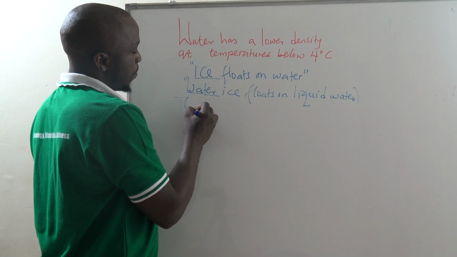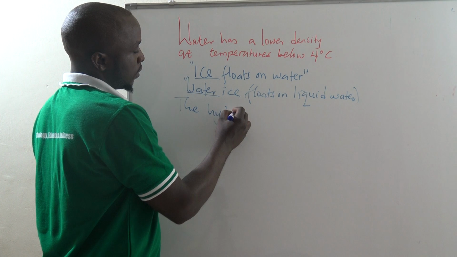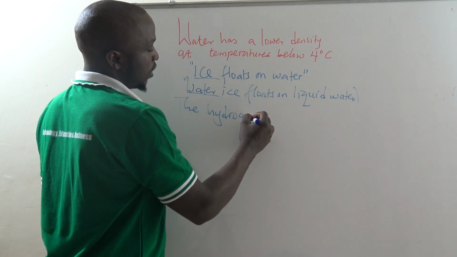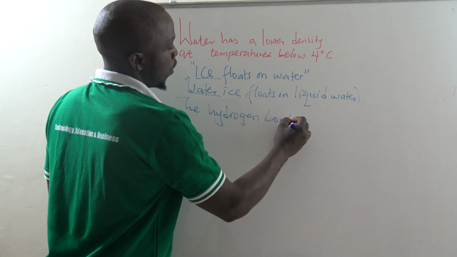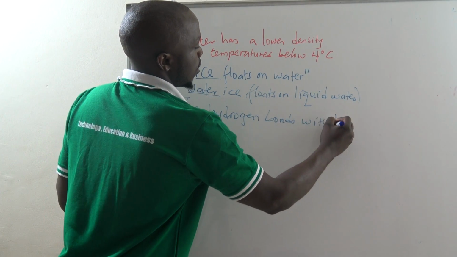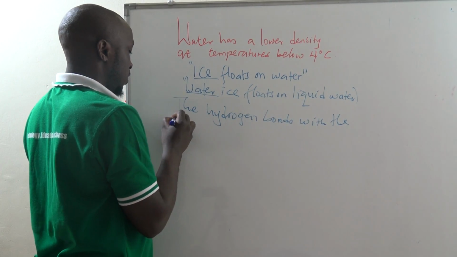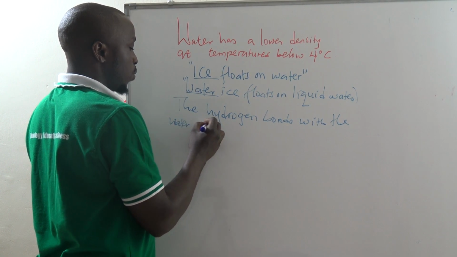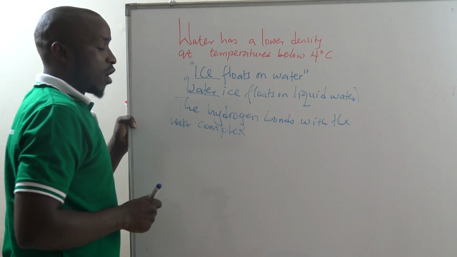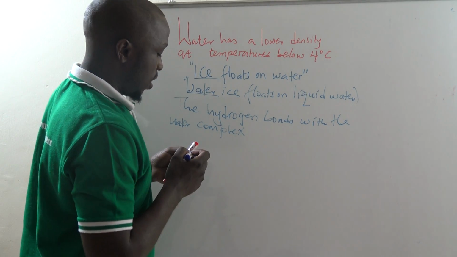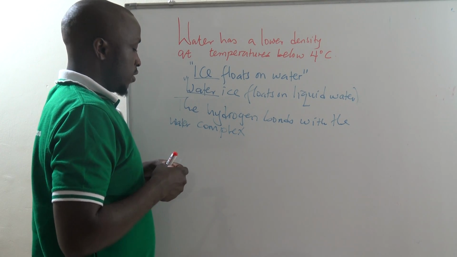The hydrogen bonds within the water complex, using that word complex, the one we began with, 4 water molecules bound together by hydrogen bonds.